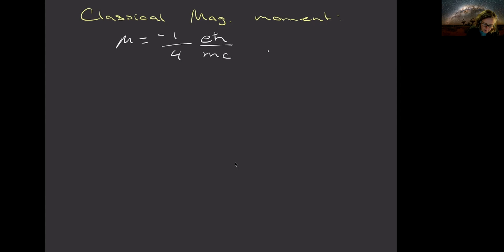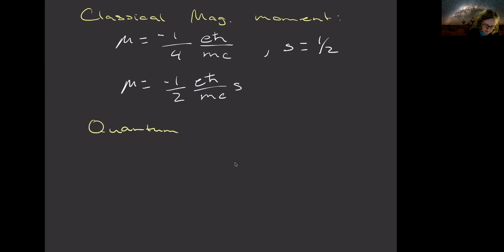Now, if we recall that the spin is just a number that we define to be 1/2 for an electron, then we could write that classical magnetic moment in terms of the spin, and it would be mu equals -1/2 times e h bar over mc times the spin. And it turns out that the quantum mechanical magnetic moment is very similar.